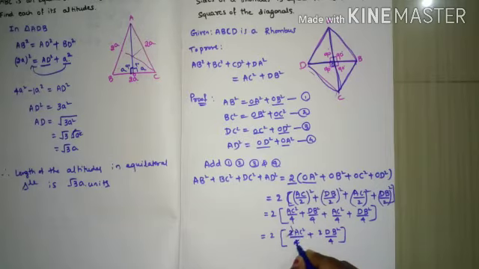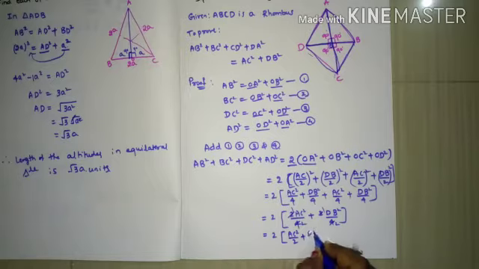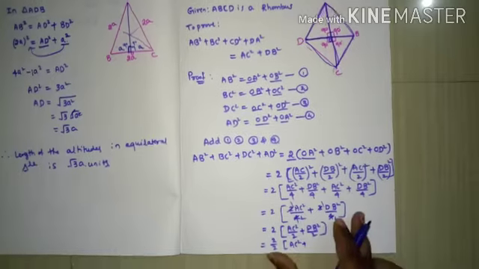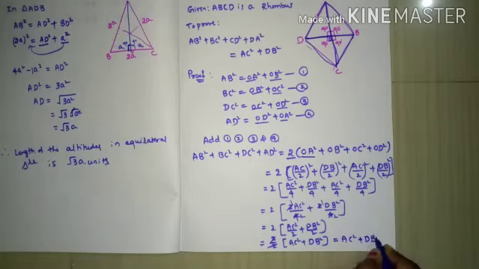Now this becomes 2 into AC square by 2 plus DB square by 2. This 2 we can take out, 2 by 2, so this becomes AC square plus DB square. The 2 gets cancelled, so we get the answer as AC square plus DB square.